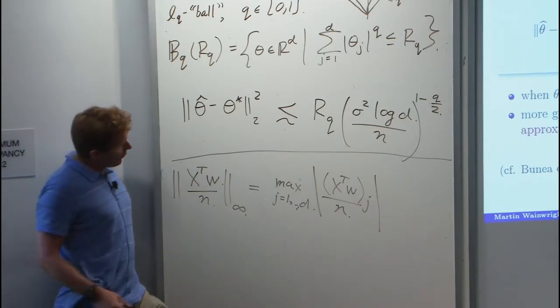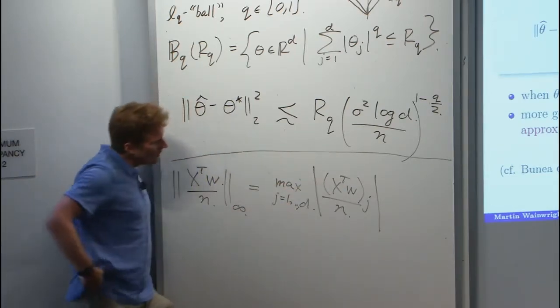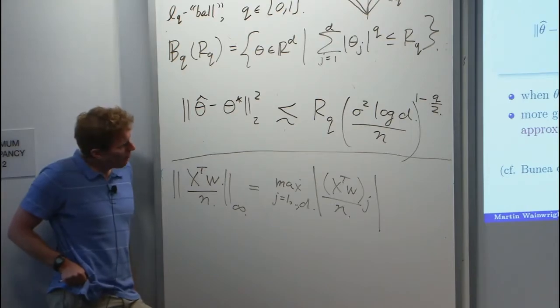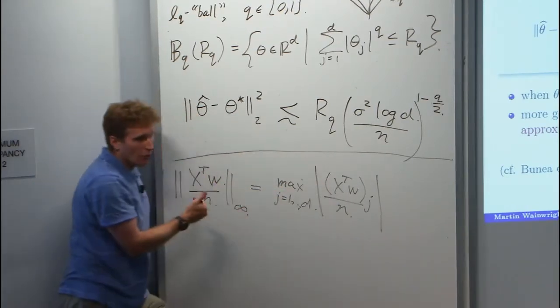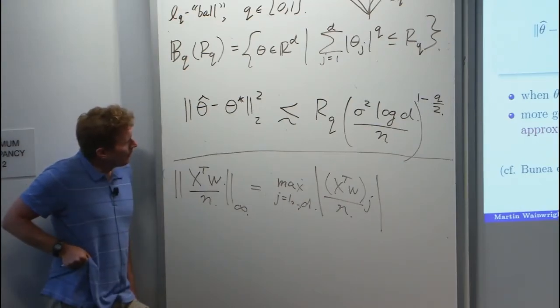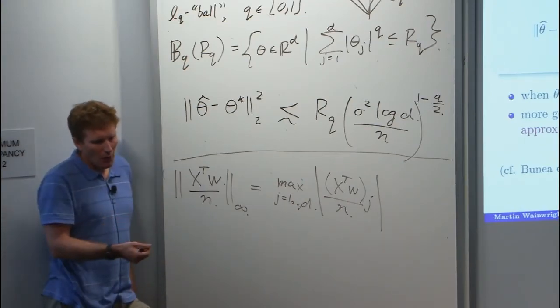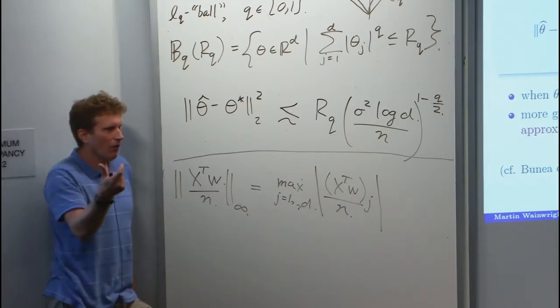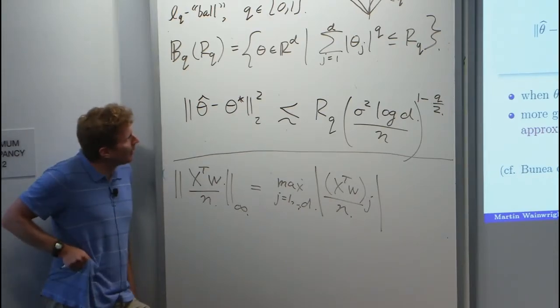What I've assumed is that W has IID sigma sub-Gaussian entries. We're assuming that the columns of X are normalized. This means that you don't have one column that's hugely larger than other columns. Columns are roughly of the same magnitude. It doesn't have to be unit norm.